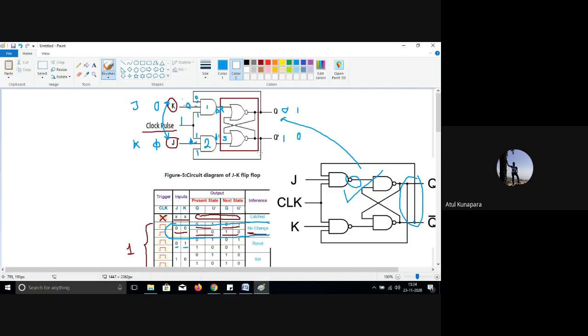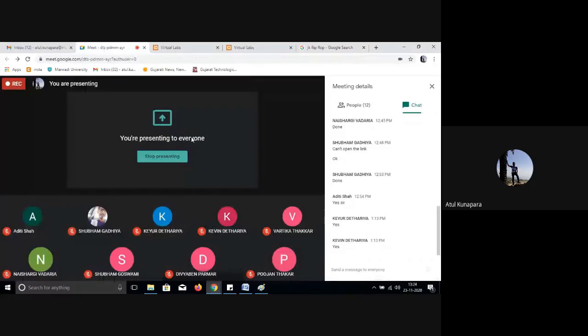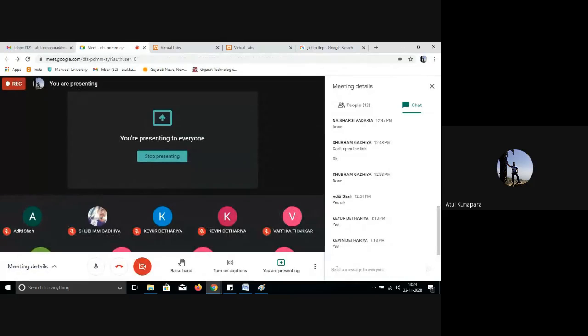So am I removing this confusion for everyone? Only the thing is that your J and K are reversed on the input side, right? Hello. Are you getting what I'm saying, or is there still any confusion in the diagram?